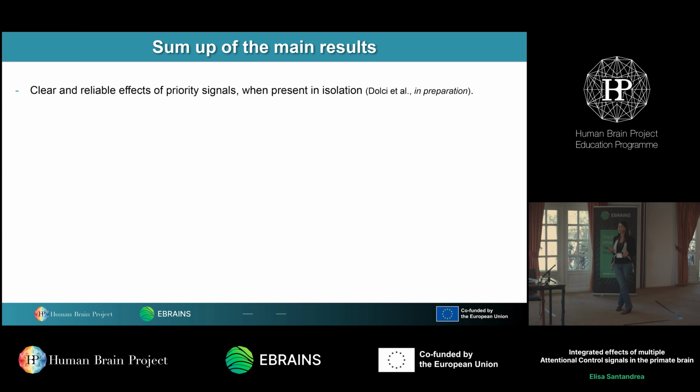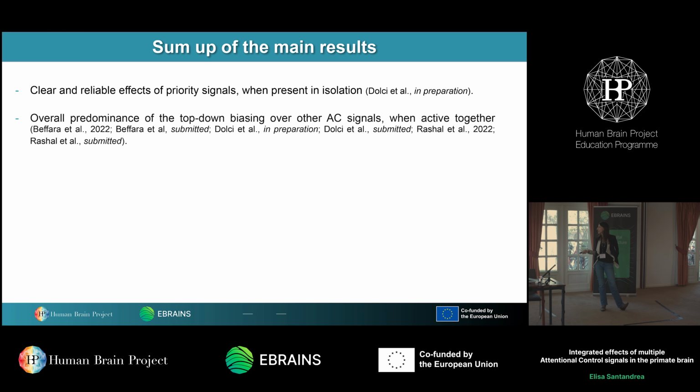And so, to sum up the main scientific results, we obtained clear, reliable effects of all the attentional control signals we tested when presented in isolation. And we found an overall predominance of the top-down attentional control over other signals when they were active together.